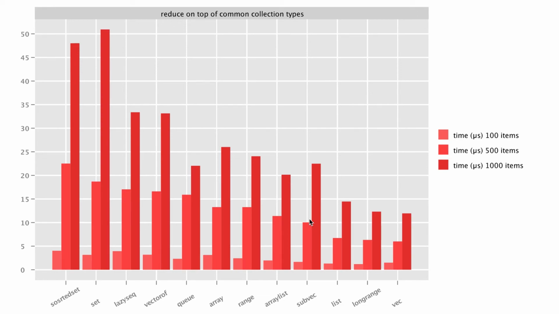If we instead go toward the right of the chart, we can see that the normal range, which is the long range of integers, is the fastest, along with vectors, which has a very fast implementation because it's looking into the internals of the hash trie tree that is the basic implementation of vectors.